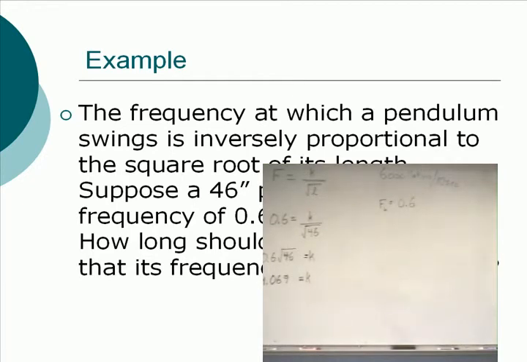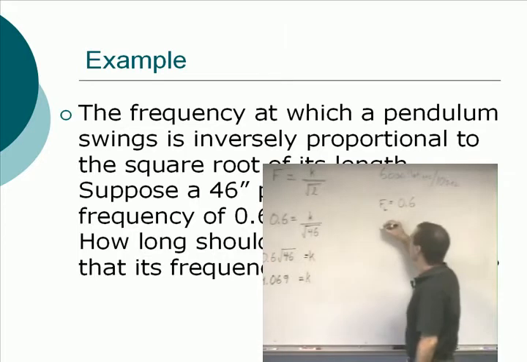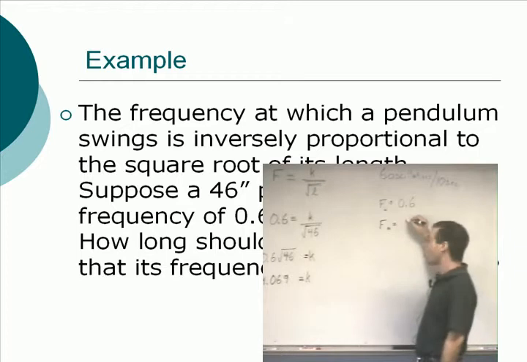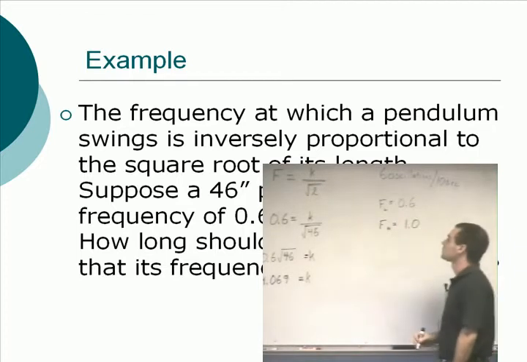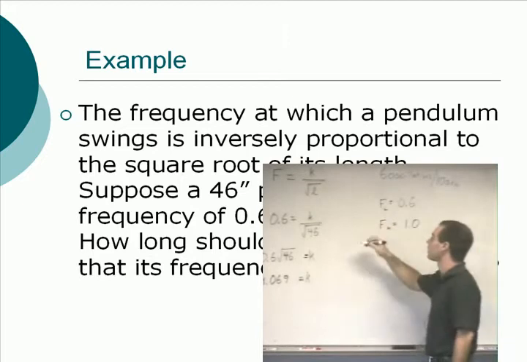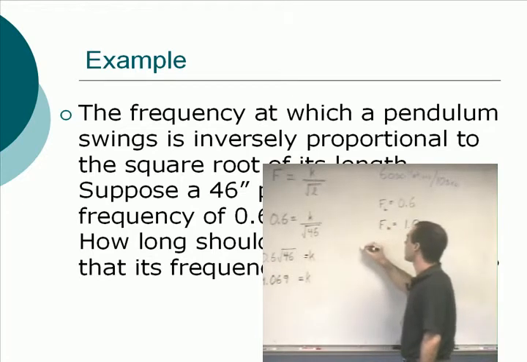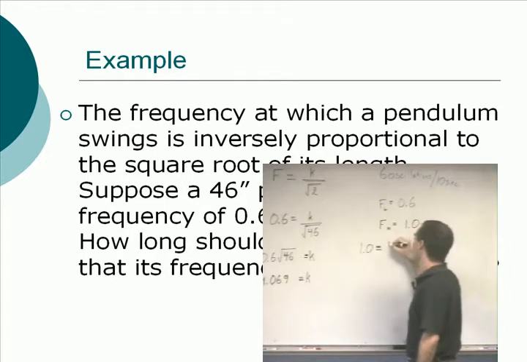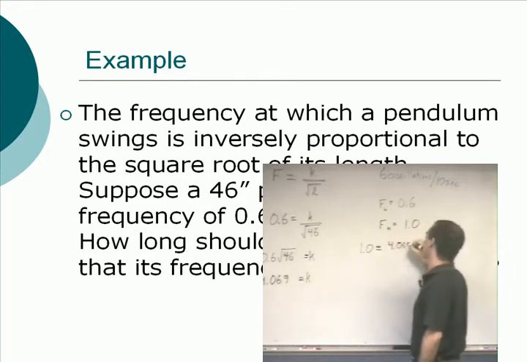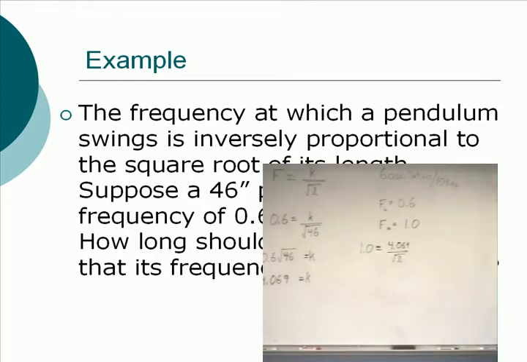So now we want to know how long the pendulum should be so that it will cycle at 1 cycle per second. So we go back here. We want our new frequency to be what? 1. So let's figure out what the value of L is that will give us that. We know that our new frequency of 1.0 is going to equal K, 4.069, divided by the square root of L, and we need to solve that for L. Does that look okay?